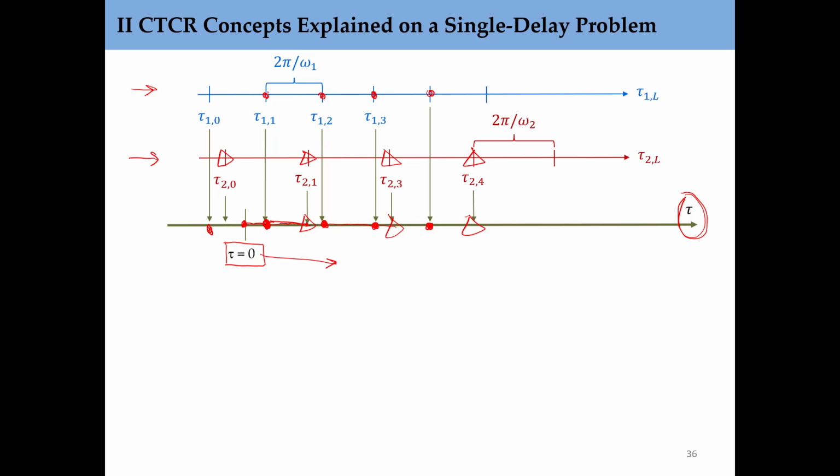So you see that along the actual tau axis, there is no periodicity of crossings, because crossings arrive from different crossing values, and each crossing value arrives from different delay values that have their own periodicity.